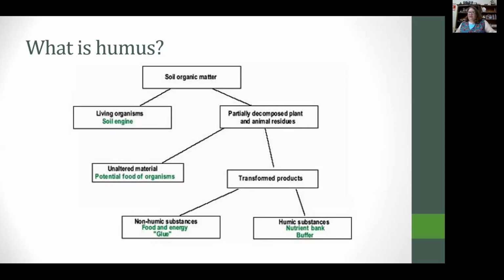These non-humic and humic substances that are greatly broken down may be in the soil on the order of hundreds of years or longer. So this soil carbon down here in these humic substances is a very long-term piece, and it's going to be affecting how your soils act on a larger level than those labile carbons. So this is what we want. This is that material that is the reason why people add compost to their garden.